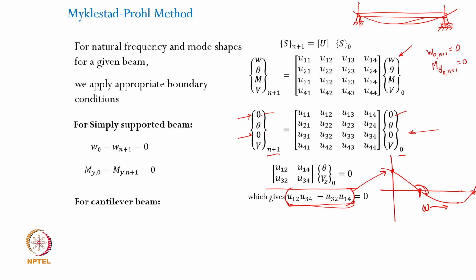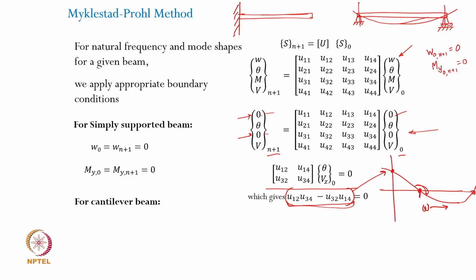For a cantilever beam, what would be the difference in this case? The expression would obviously change, the characteristic equation, sort of a frequency equation in fact. So if you have a cantilever beam, the boundary conditions at the two ends will not be identical. At the left hand end, what is the boundary condition for a cantilever beam?